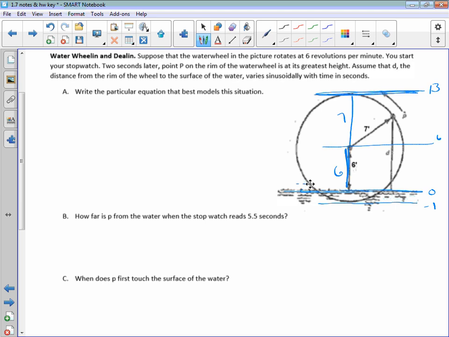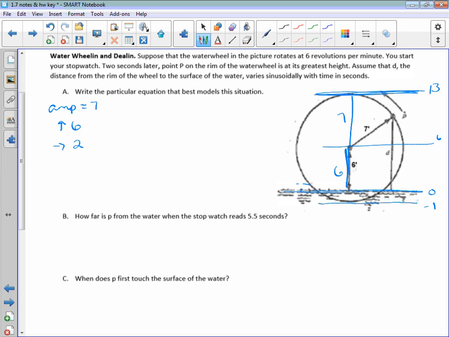6. Okay, so what is your amplitude? 7. Your midline was at 6, so we know we're going up 6, right? Yeah. Okay. Then they tell us the maximum happens, what, 2 seconds in? Okay, so we know we're going right 2.